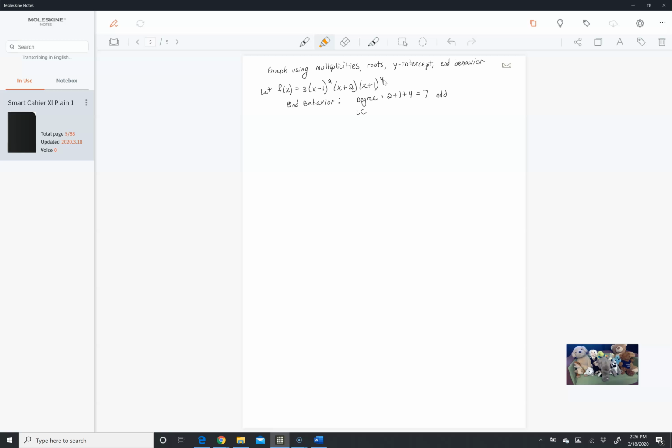The leading coefficient is just 3. So we look at this number in front to figure out the leading coefficient. All we care about here is whether it's positive or negative, and it's positive. And here you don't have to worry so much about writing it using f of x and x. You can just say, an odd degree says that we're doing different things on the left and right.